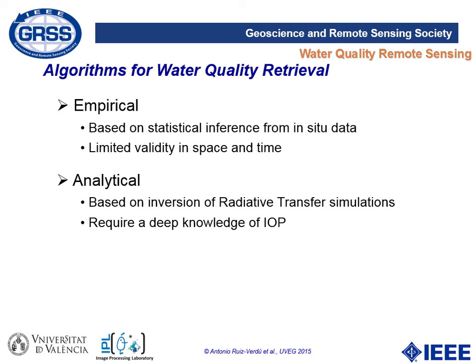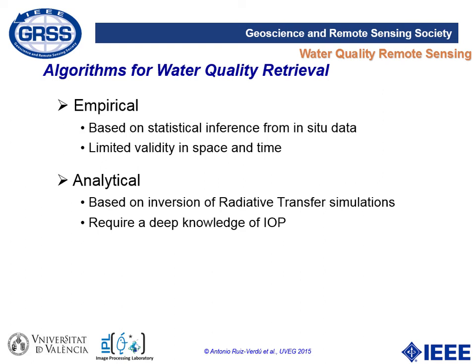The other type of algorithms are the analytical ones, which are based on the inversion of radiative transfer simulations. If we know the IOPs of the water bodies, we can simulate from those IOPs the apparent optical properties, and we can reproduce the process of radiative transfer through the water.